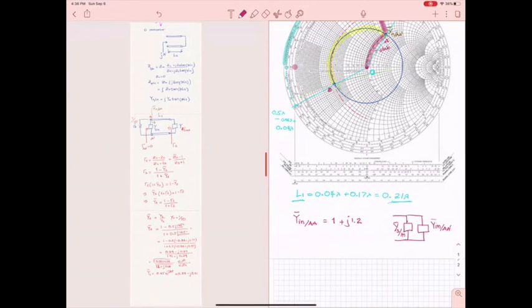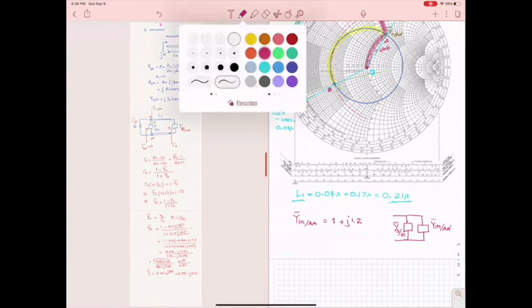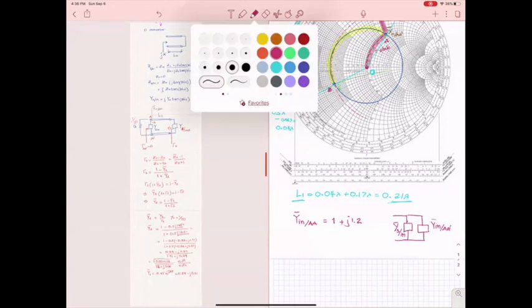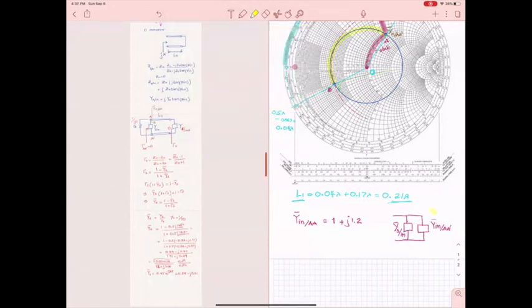And the total of these is normalized equal to 1, all right, which means that this is equal to 1.